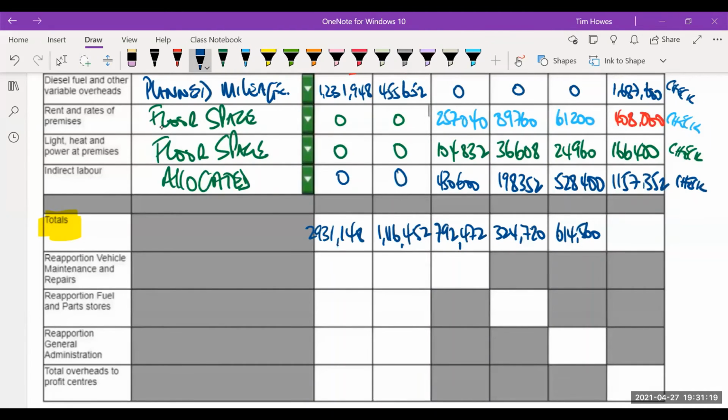And then you should add these together. Just check that when you add that together, I get this number, 5779352.